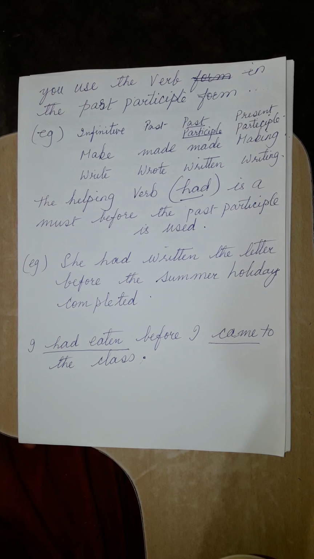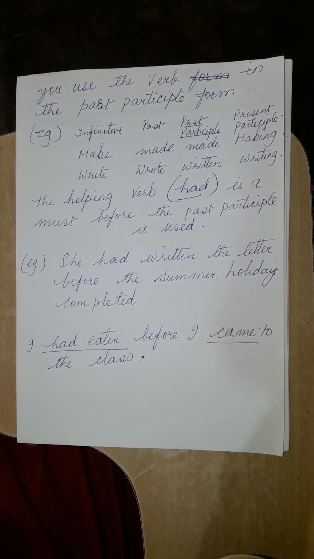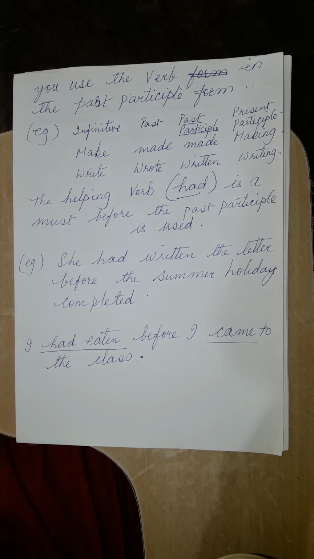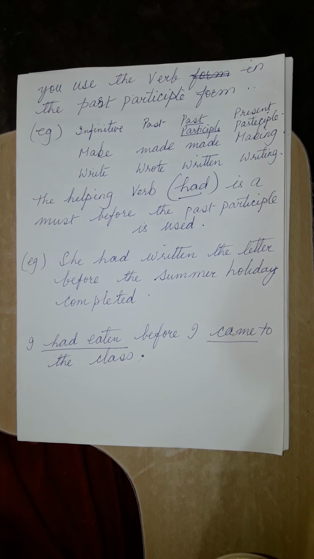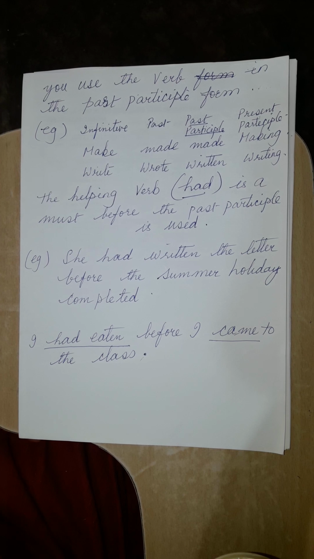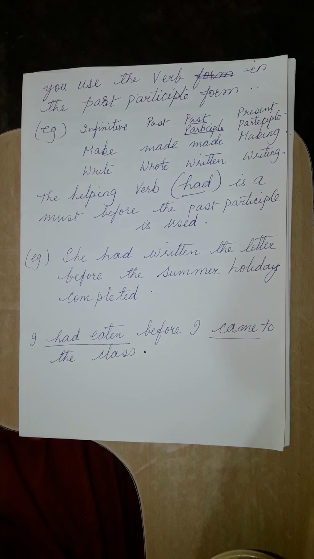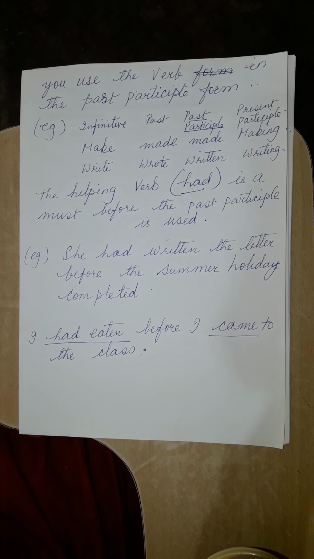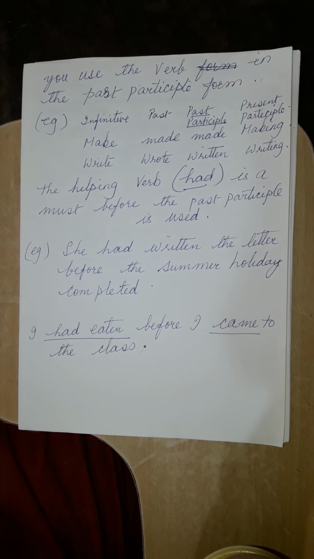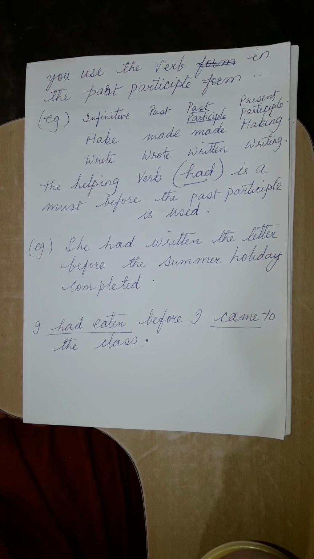For example, walk, walked, walked, walking. Whereas the irregular verb eat, ate, eaten, eating. So we can use it both with the regular verb and the irregular verb.